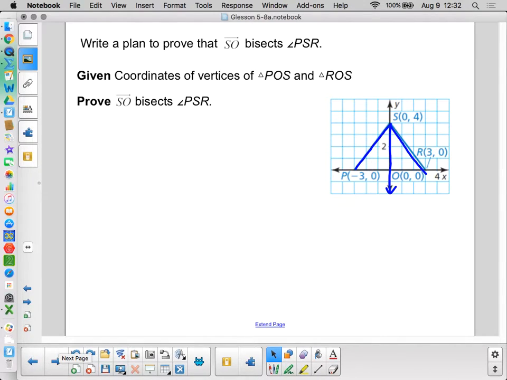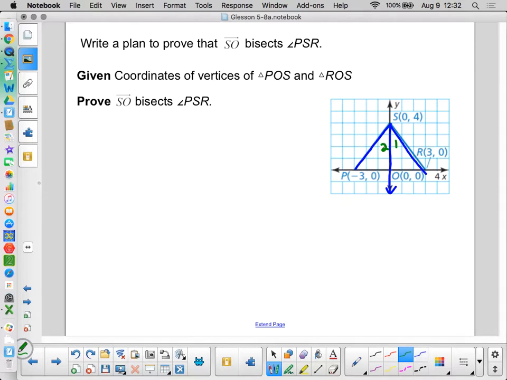Now, in order to do that, I'd have to show that angle 1 and angle 2 here are congruent. How can I show that those angles are congruent? Well, what did we do yesterday? By showing their corresponding parts of congruent triangles. So if I show the two triangles, triangle PSO and triangle RSO, are congruent, then I'll have those two angles congruent, which means that is a bisector.